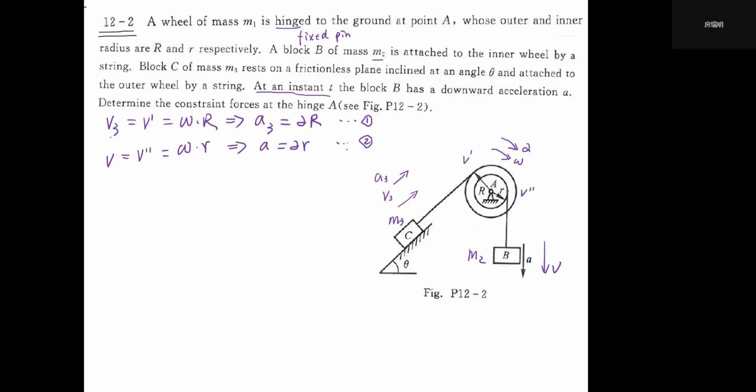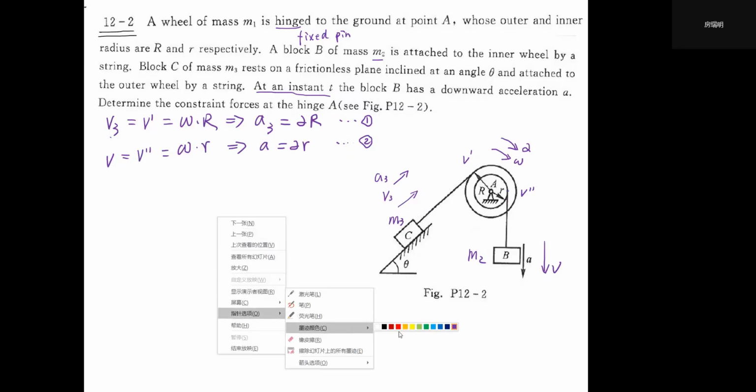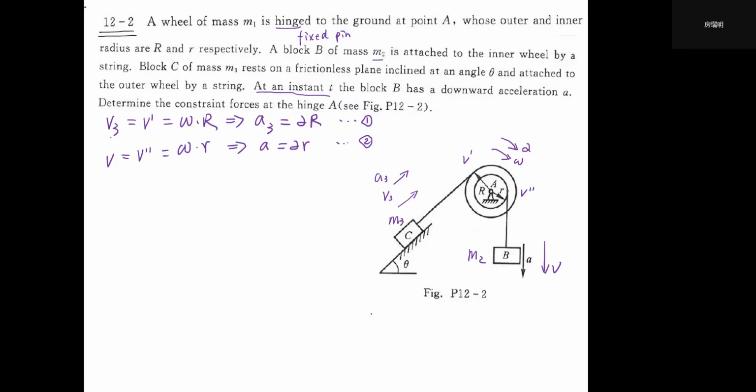After we do this, I will change the color of my pen and do the force analysis. The first one is this. Let's select B as the object to be studied. It has its weight m2g, and it has a tension Ft.